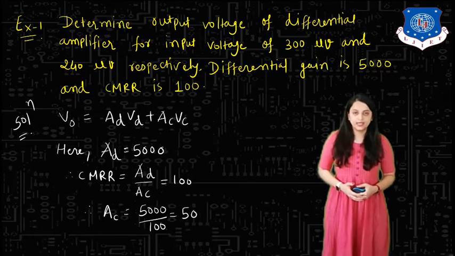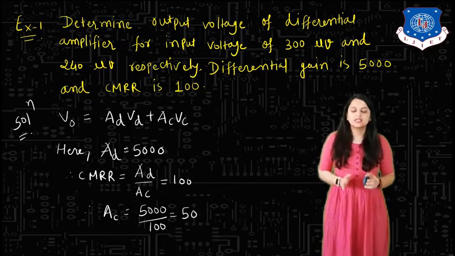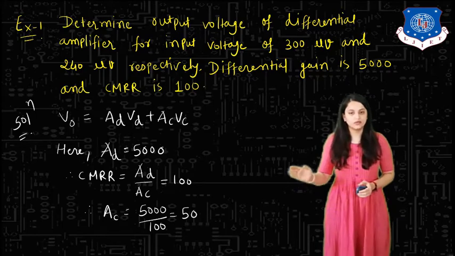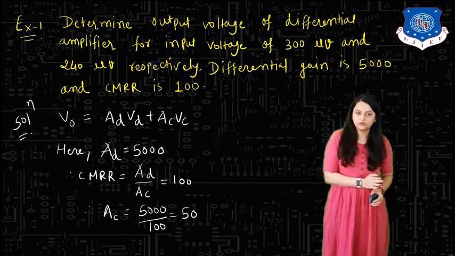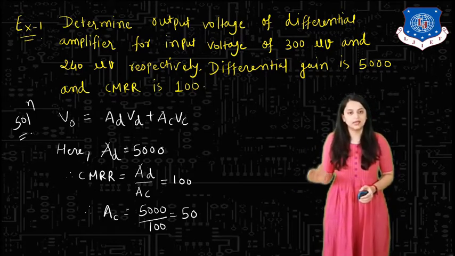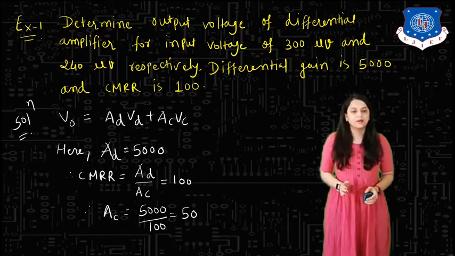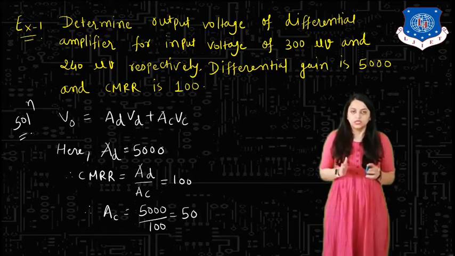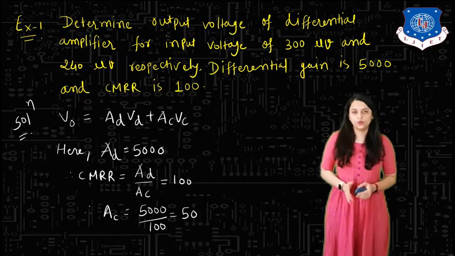The differential gain AD equals 5000 and CMRR is 100. So this is the data given to us: V1 is 300 microvolts, V2 is 240 microvolts, differential gain AD is 5000 and CMRR equals 100. Now we need to find the output voltage.